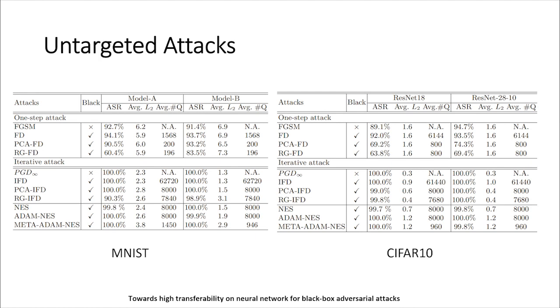Meta NES Adam reduces the query number to 1,450 and 946 on MNIST, which is 80.1% and 11.8% of the original.